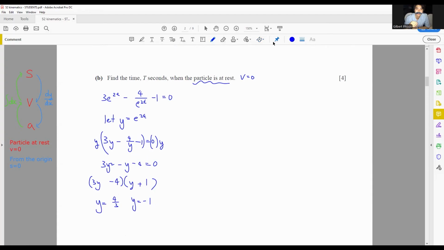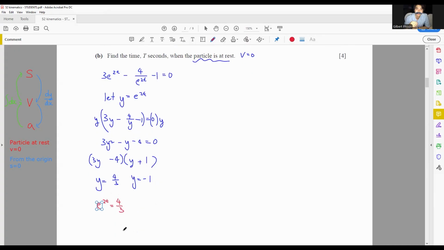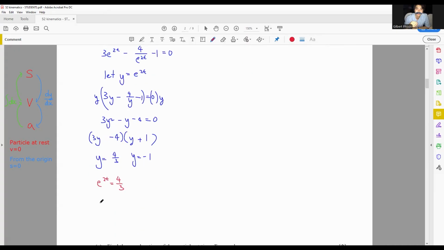Now, remember that we are not solving for y. y is simply e to the power of 2t, which equals 4 over 3. And then we're going to ln both sides of the equation. Ln this side, you're only left with 2t equals ln 4 over 3.